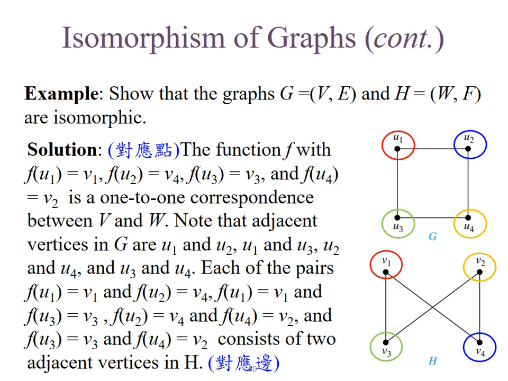So maybe we can use this example to understand the definition of isomorphism. Here we have a graph. Consider we have a board and 4 pins.